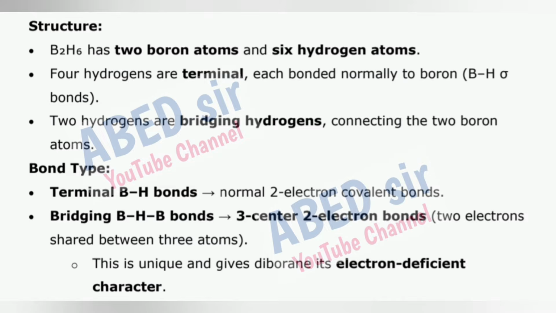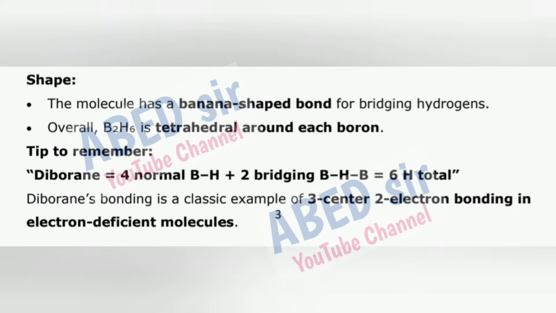Bond type: terminal B–H bonds are normal 2-center 2-electron covalent bonds. Bridging B–H–B bonds are 3-center 2-electron bonds, 2 electrons shared between 3 atoms. This is unique and gives Diborane its electron-deficient character. Shape: the molecule has a banana-shaped bond for bridging hydrogens.